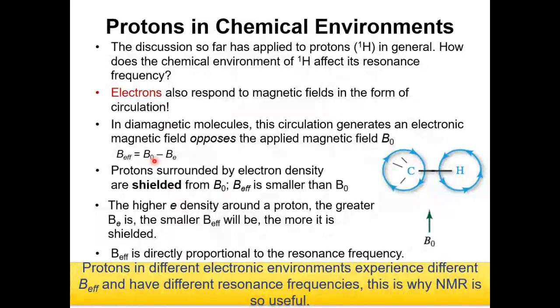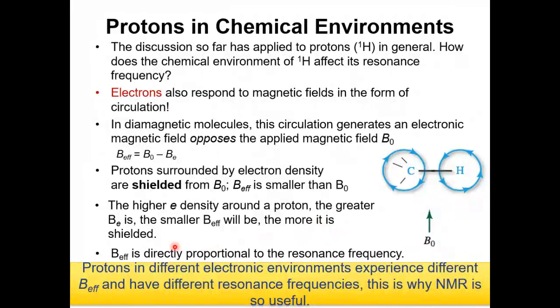So we say the electrons shield the proton from the external field. And the higher the electron density around the proton, the greater the BE is, and the smaller the BEFF will be. We say the more the proton is being shielded by electrons.